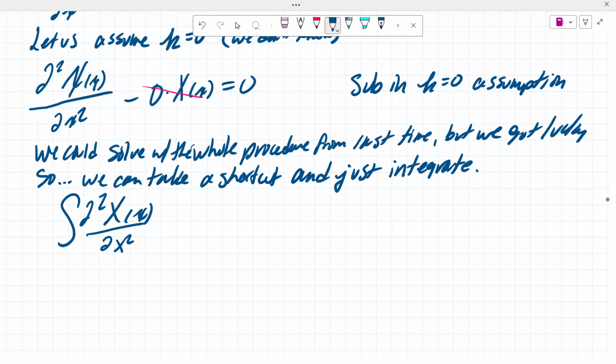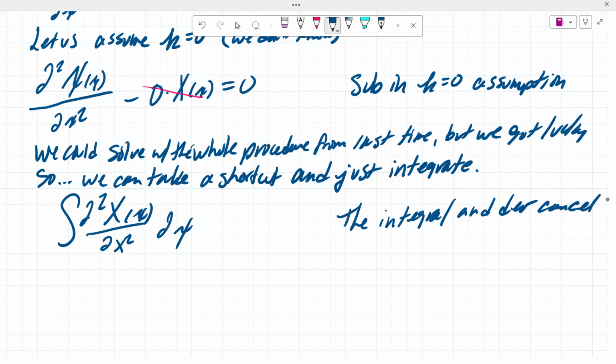Note the integral and the derivative are inverse operations. So when we do that, you're going to remove one power, because you did one dx, you went one level down.